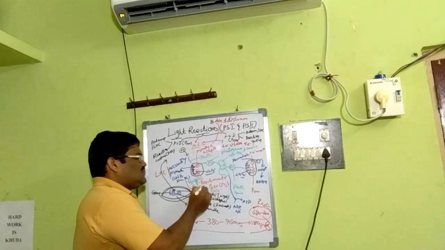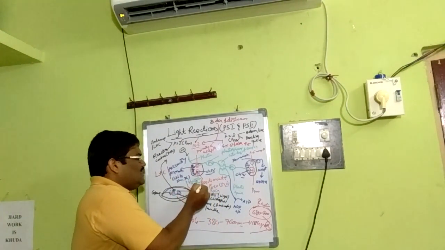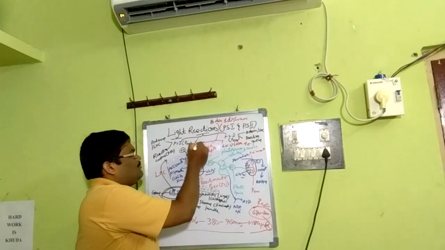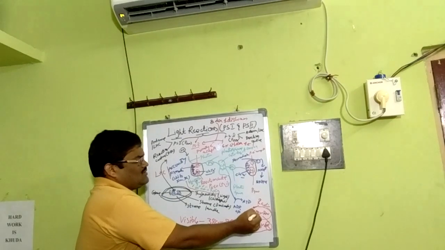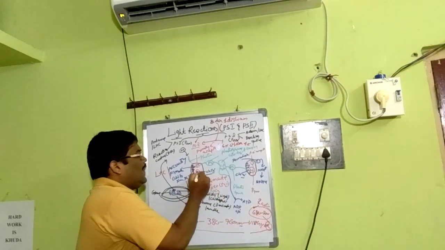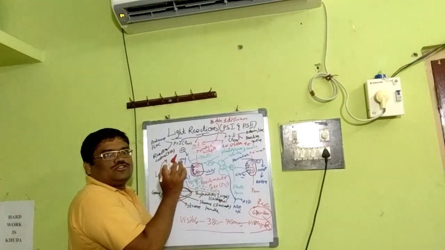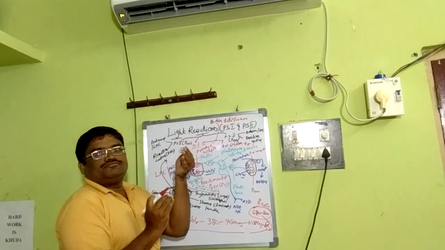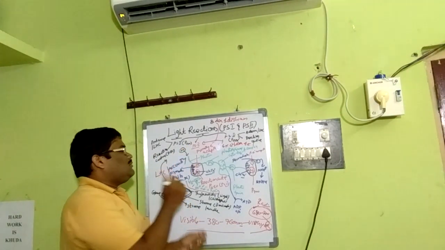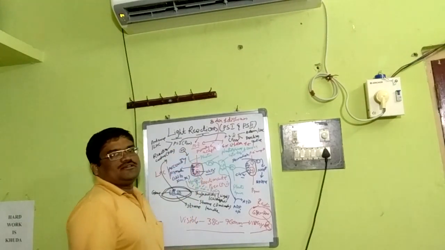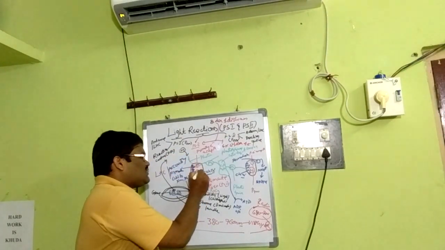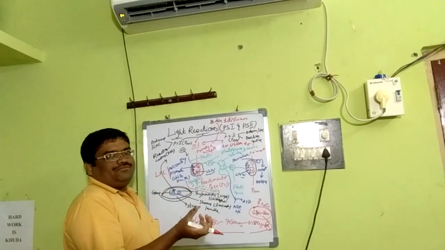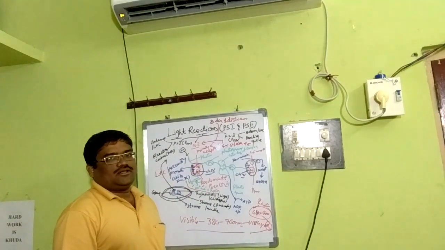And these electrons, when they reach the reaction center, that means chlorophyll A at P680, the photon will excite them so that they go upstream, not downstream, so as to reach the primary electron acceptor.